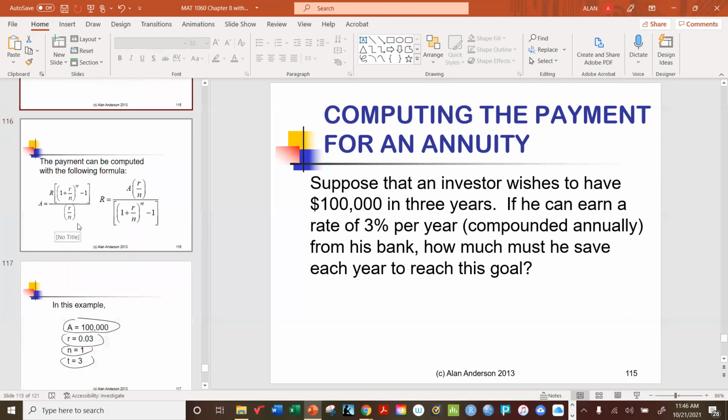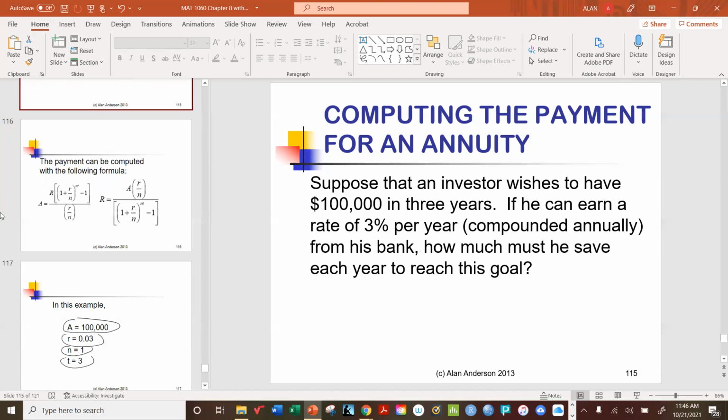How much money does he need to do this? We're also assuming that it's the same amount. In other words, let's say that the correct amount is, I don't know, $30,000. Then he's going to put $30,000 in the bank each year for 3 years. So he is basically creating an annuity with his savings.